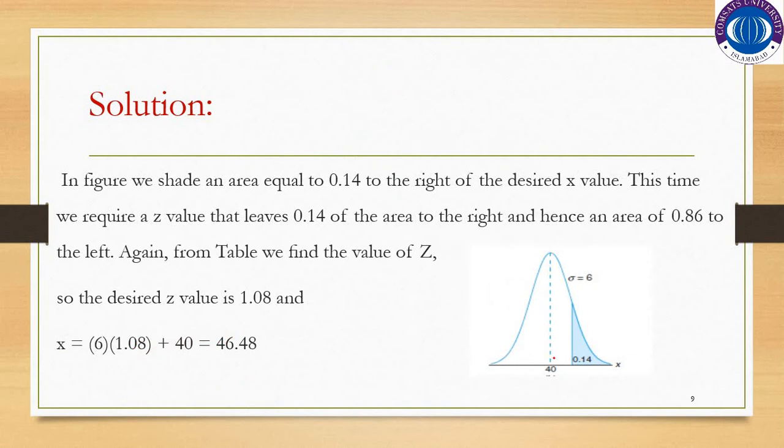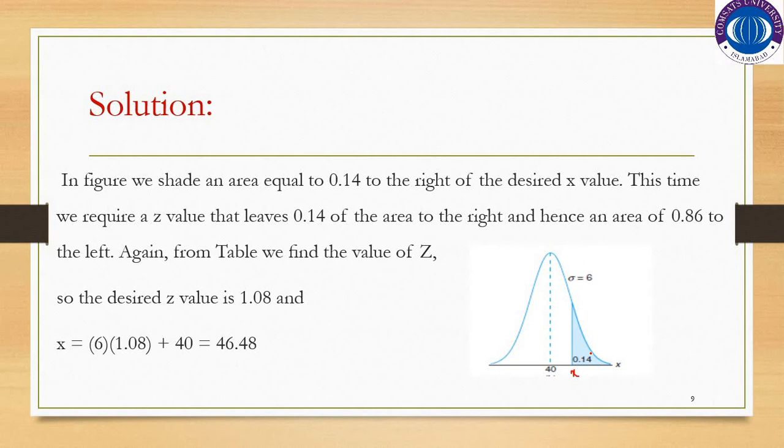So this is the situation, this is the mean, and this is the point x. Let's say this is some value of this random variable x, and to its right is 14% of the area.